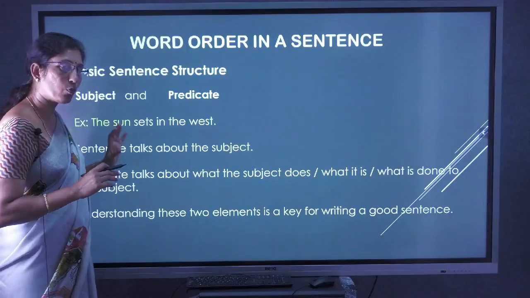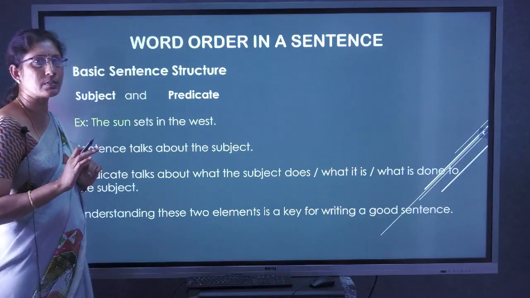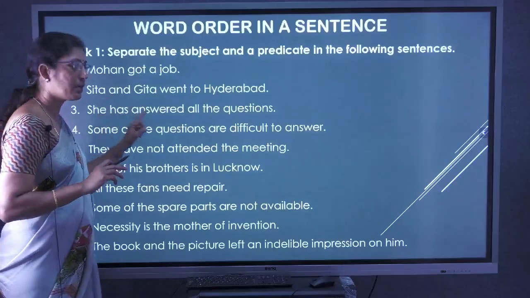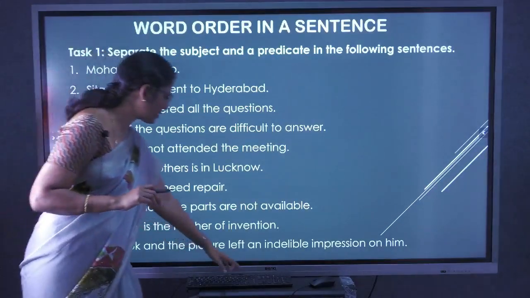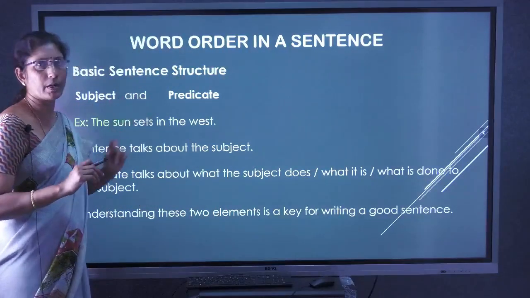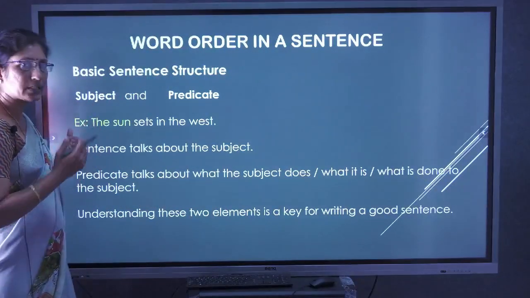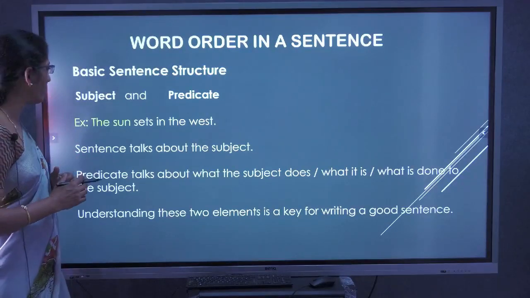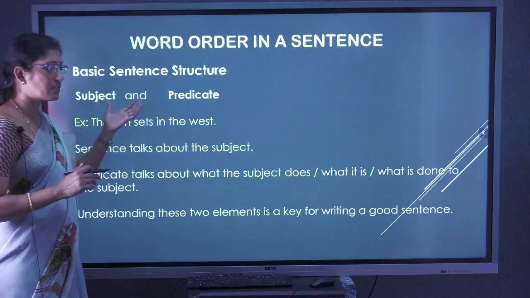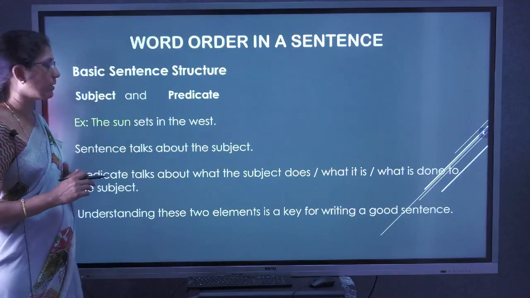To make an effective sentence, it needs 2 elements, subject and predicate. Let us take an example and then we'll see what is a subject and what is a predicate and what is the necessity of including these 2 things.